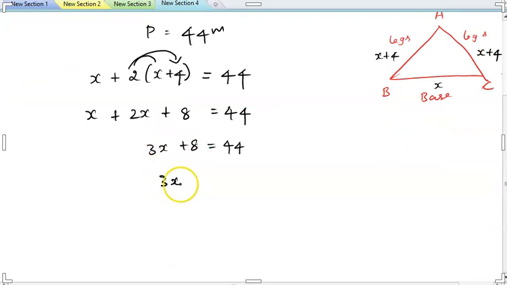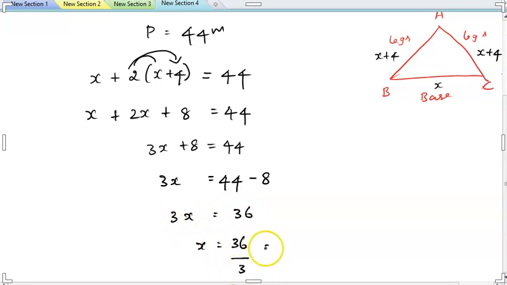So 3x equals, I'm going to move this plus 8 to the right hand side, so that would become minus 8. So on simplifying further, 44 minus 8 equals 36. So 3x equals 36. So x equals 36 by 3, which is 12 meter.